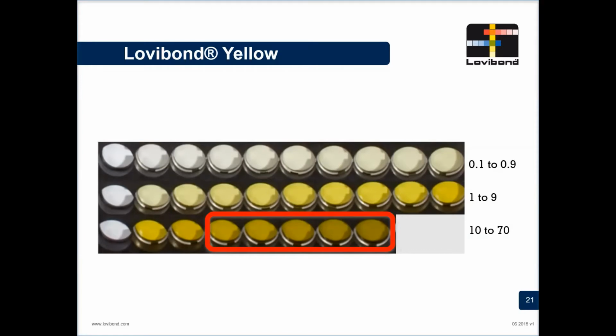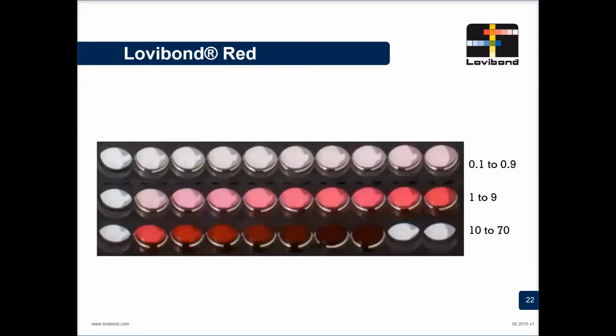If we're using this for measurement, we really want to be in the units range, where we have quite a big color difference between steps, so we get better resolution and a better idea of what our color actually is. You can see a similar thing with the reds, and on the last 4 steps, 40, 50, 60, 70, visually it doesn't look much different. If I'm looking lower down the scale, I can see a nice progression of color.